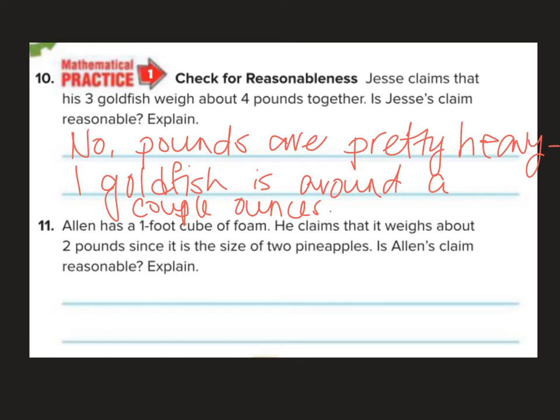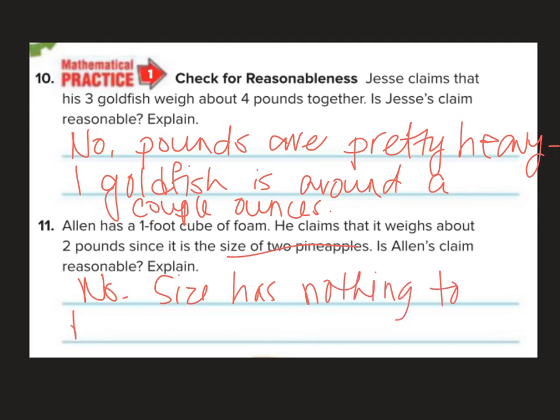Somewhere in there. Okay. Alan has a 1-foot cube of foam. He claims that it weighs about 2 pounds since it's the size of 2 pineapples. Is Alan's claim reasonable? No. Size has nothing to do with weight.